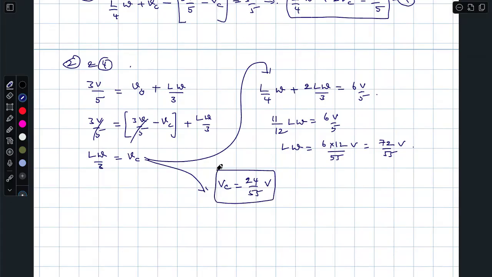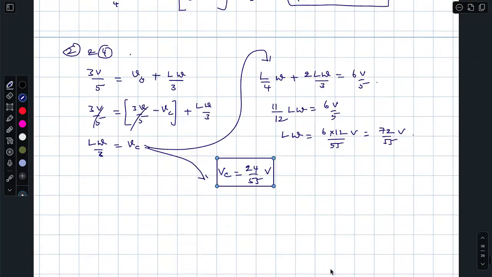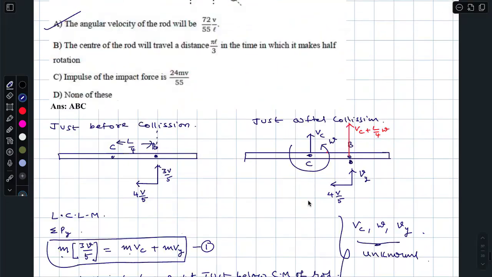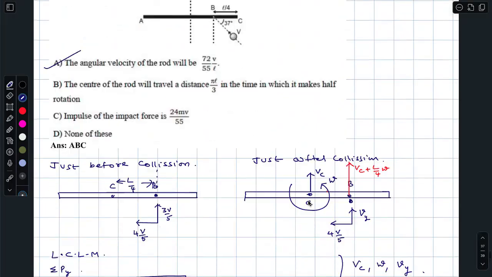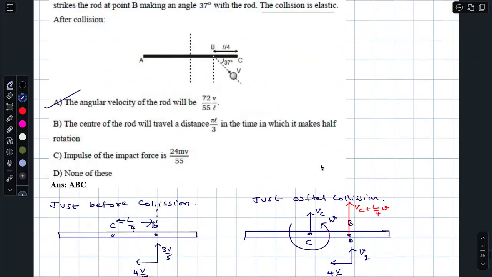Correct or wrong? Right. Any doubts? Can we give option C impulse? Right. So there, for impulse, J is MVC for the rod. So 24 MV by 55. So C is correct. Right.